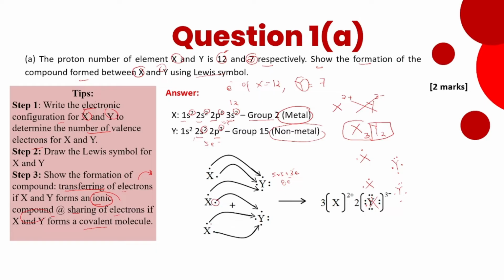And 1 here and 2 here will give up to another Y, so that it also becomes an octet. When the electrons of X are transferred, there are no more electrons here. Y, at first had 5, now becomes 8, so you need to draw 1, 2, 3, 4, 5, 6, 7, 8 electrons at Y. This is how you draw the formation of the compound between X and Y via an ionic compound.